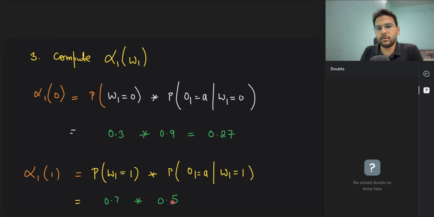So what do we get? 0.35. Is this clear so far? Any doubt here? If you have any doubt, please ask. These are the base conditions that we have computed.